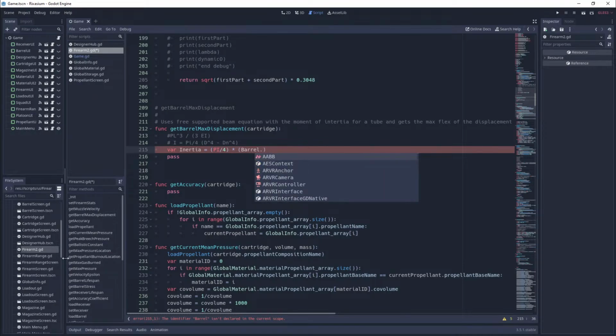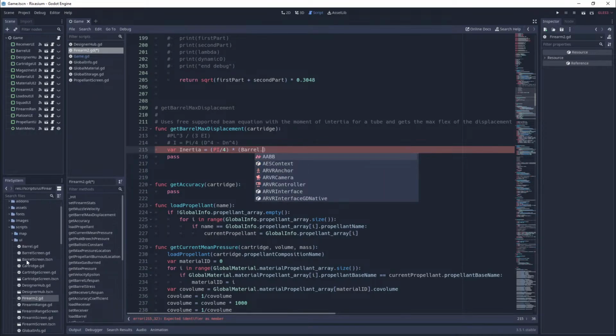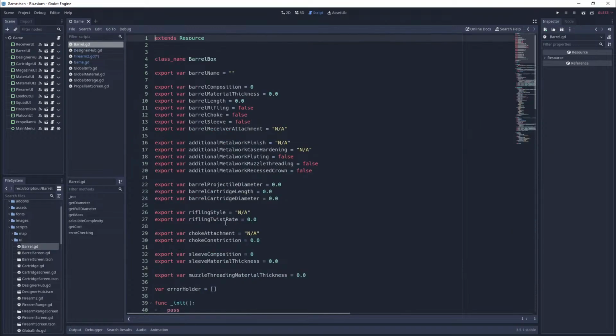So we're going to have to look up the barrel documentation, but we can see, so here we have it as barrel material thickness.